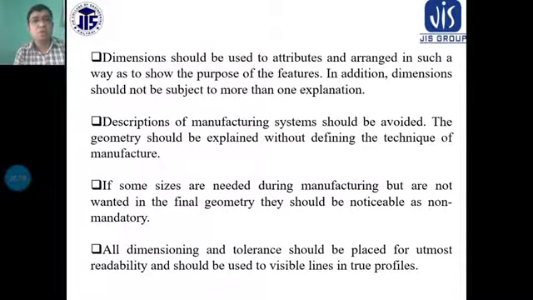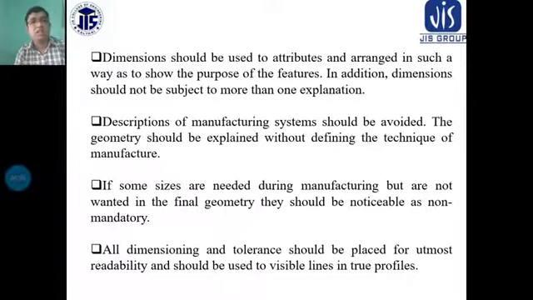The dimensions should be selected and arranged in such a way as to show the purpose of the features. In addition, dimensions should not be subject to more than one interpretation.